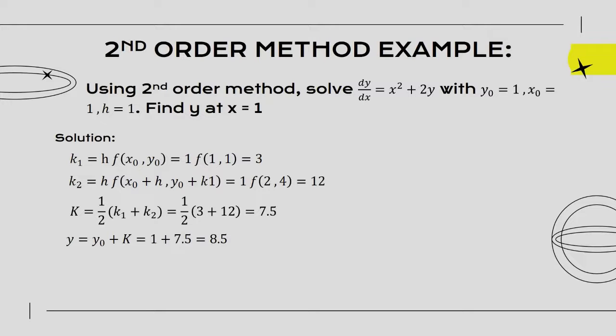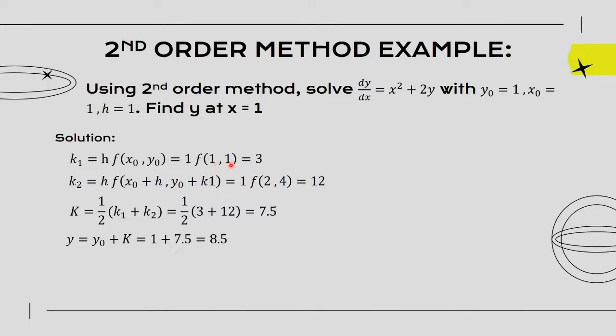So, solution. First, we get the value of k1. Using the formula for k1, k1 equals h times function of x and y. Substitute the values of y sub 0, x sub 0, and h. We get 1 times function of 1 and 1.